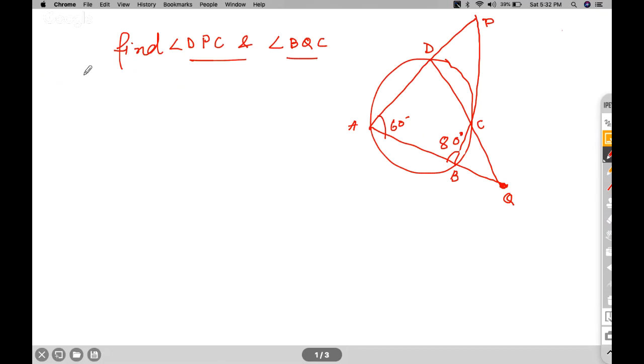So you look at here. Angle PDC, this angle. How will I find angle DPC?